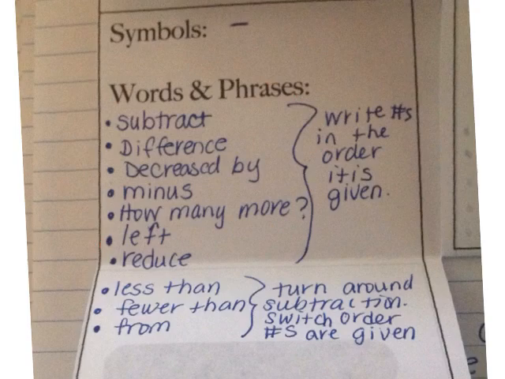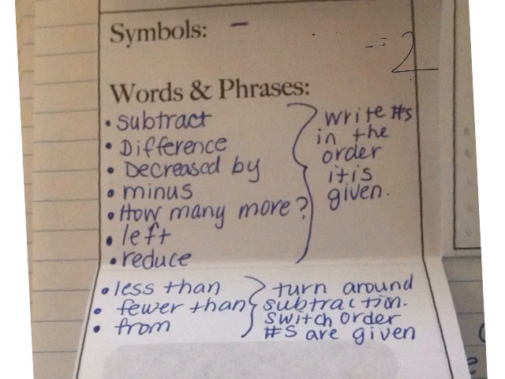So for example, if it said subtract 5 minus 2, we would do 5 minus 2. If it says what is the difference of 5 and 2, you would do 5 minus 2. What is 5 decreased by 2? You write it in that order.